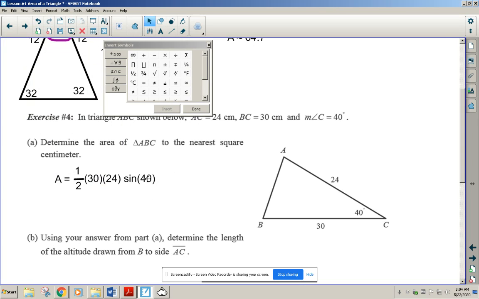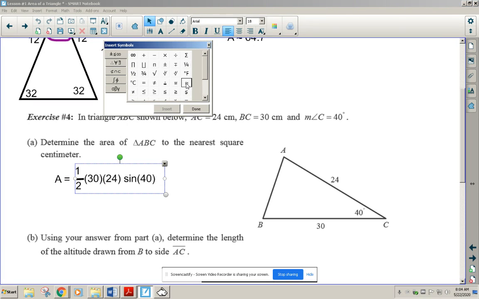So this now is about 231 square centimeters. Now, using your answer, determine the length of the altitude.